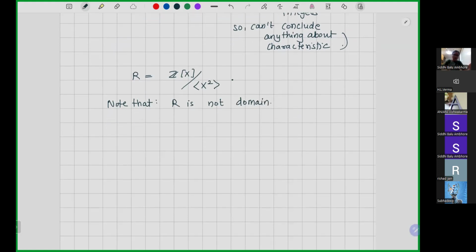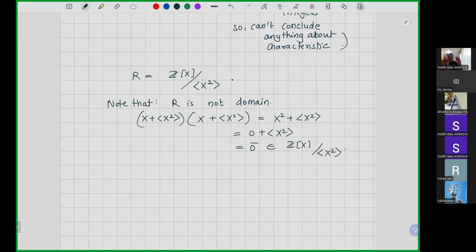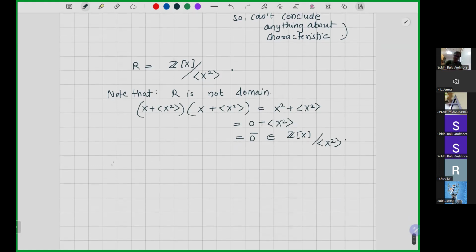Since we can take this x plus x square and multiply this with this x plus x square, what is this? This is x square plus, and which is what? The 0 in my quotient. Which is 0 bar in Z[x] mod x square. So we have a ring which is not a domain. So the above R is not a domain.